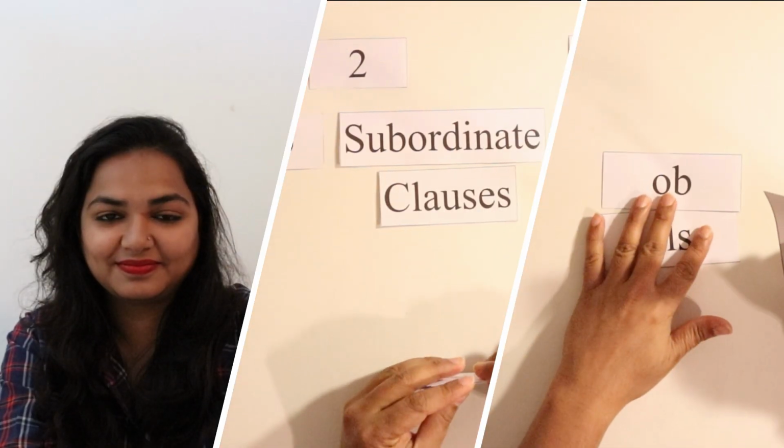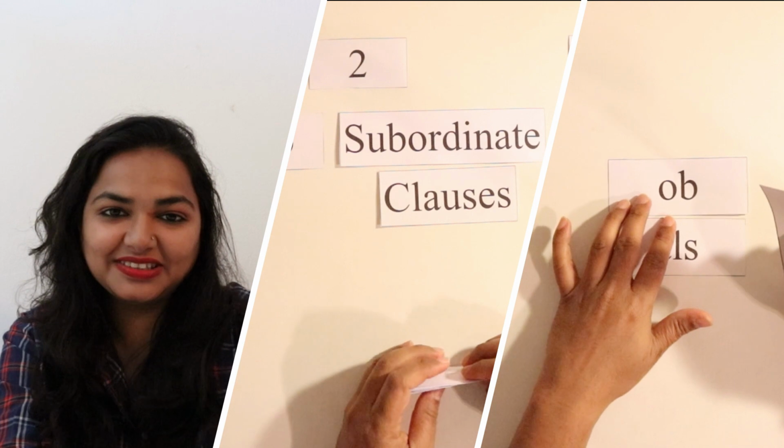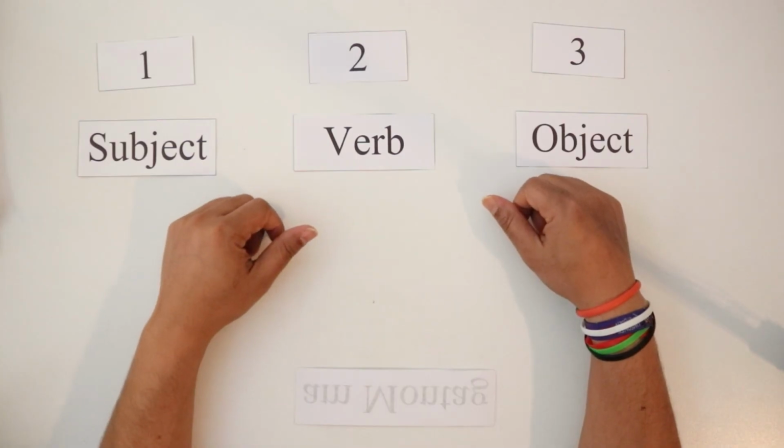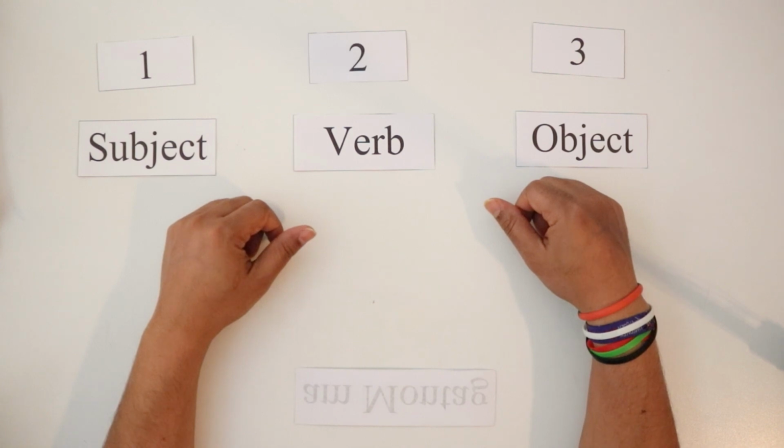Today we will discuss the structure of a German sentence. So, rule number 1: like any language, to complete one sentence we need 3 basic things in German.